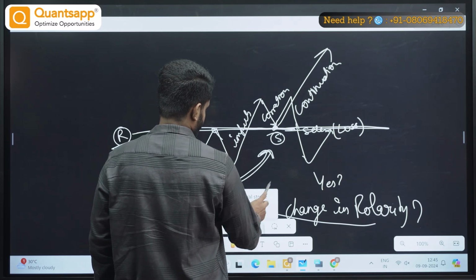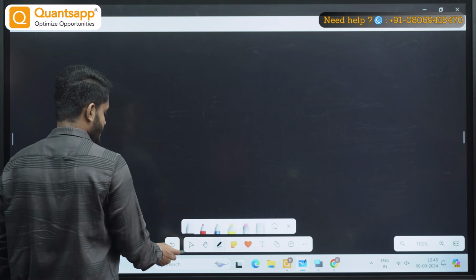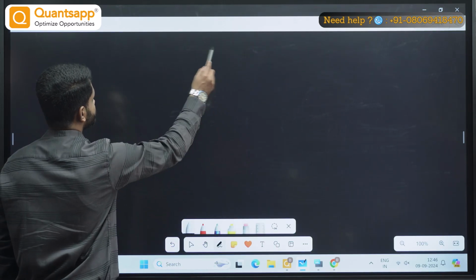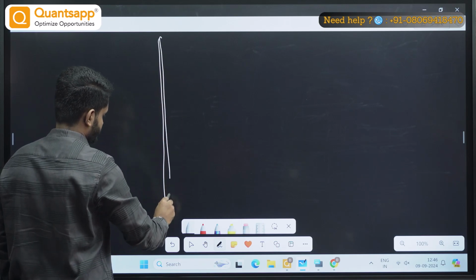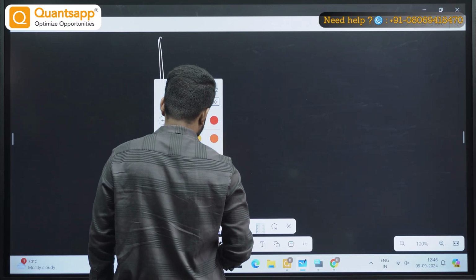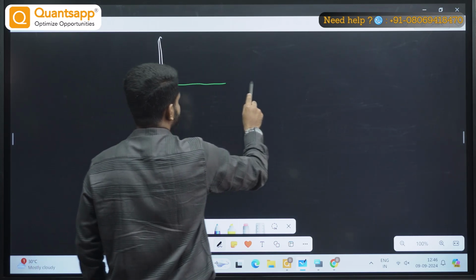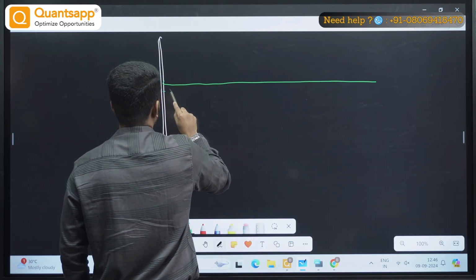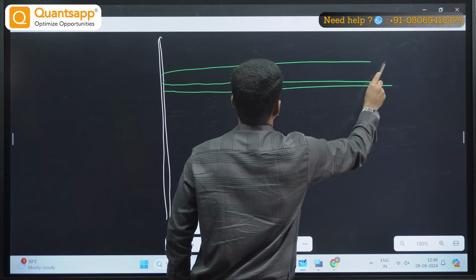Okay, give me a second. Let's say this is the open interest. Let's say this is the highest call writers level, followed by this level.